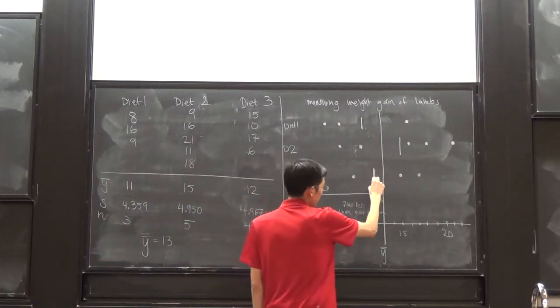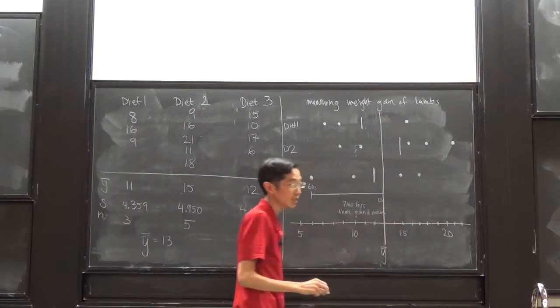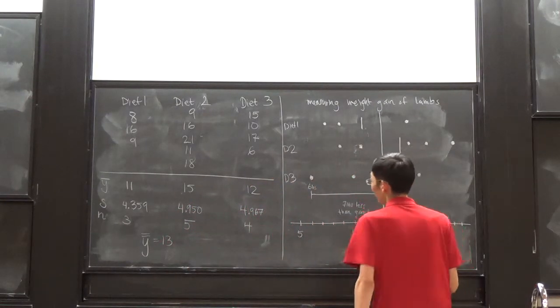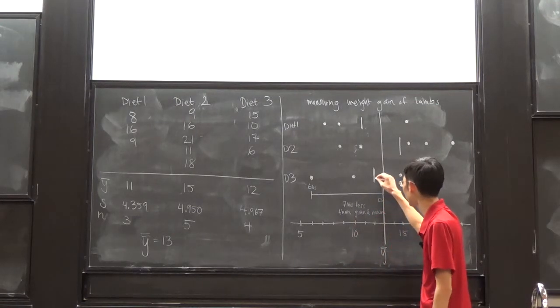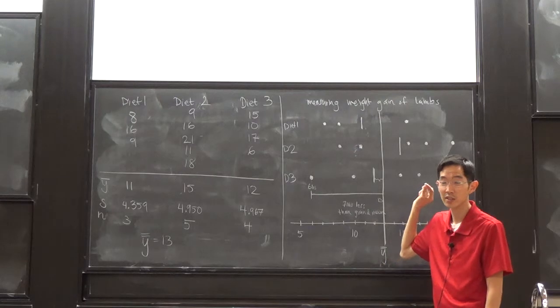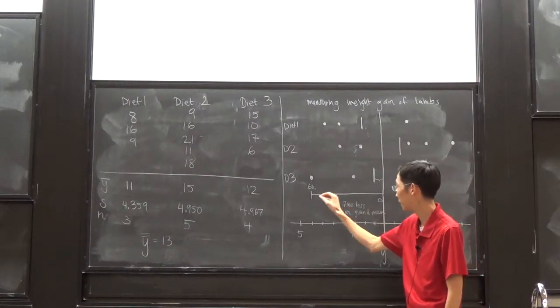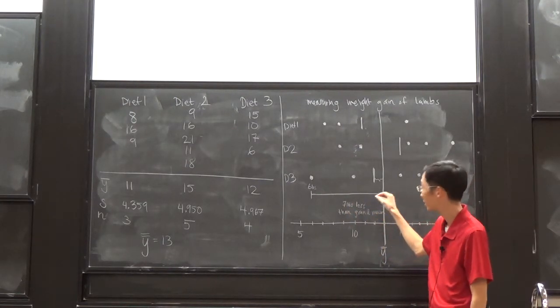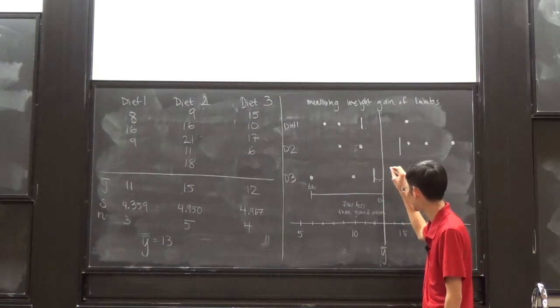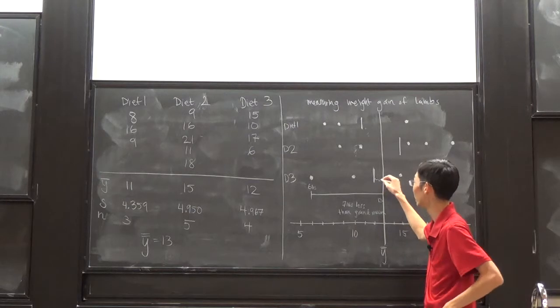Well, we can say part of it is because this lamb was assigned to diet 3, and diet 3 on average gained a pound less than the grand mean. So part of this 7-pound difference is because he was in diet 3.